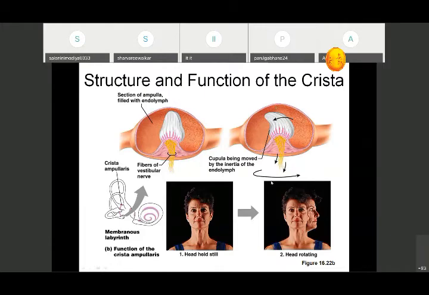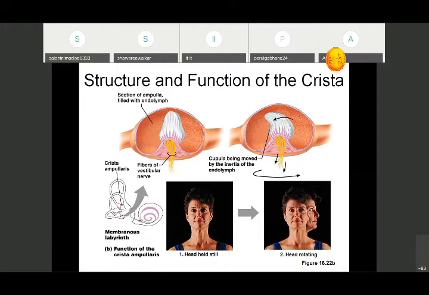Now when the head is rotating, the function is the same, that is, here also there is the presence of hair cells, and each hair cell has a tuft of cilia, but in the gelatinous membrane or the cupula there is an absence of otoliths, that is statoconia.